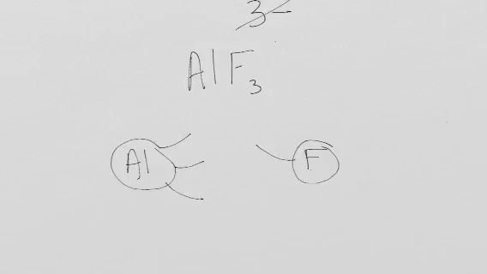So how many of these F's am I going to need to match up with all of aluminum's hooks? I'm going to need a total of 3 F's to cover all 3 hooks, right? No actual hook can be left out in the open.